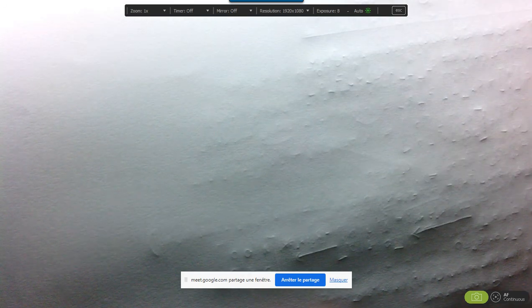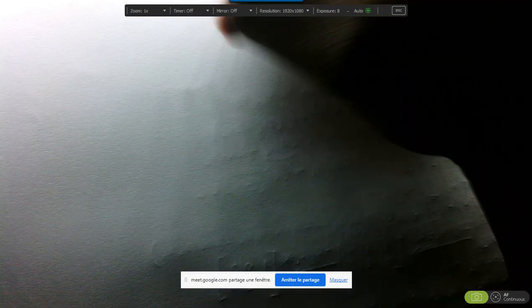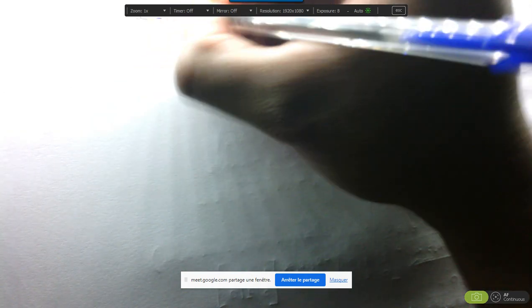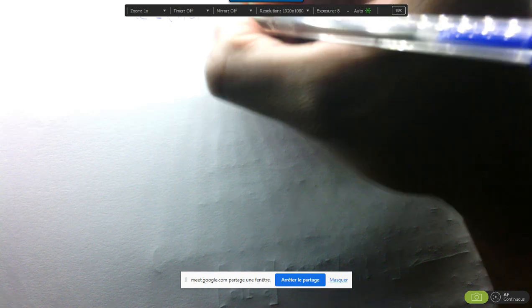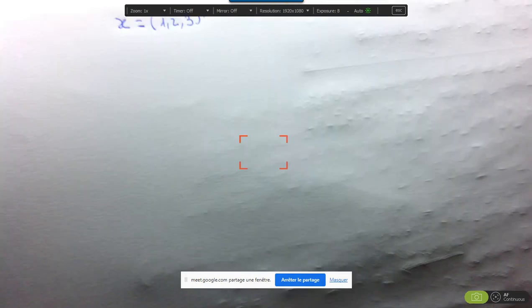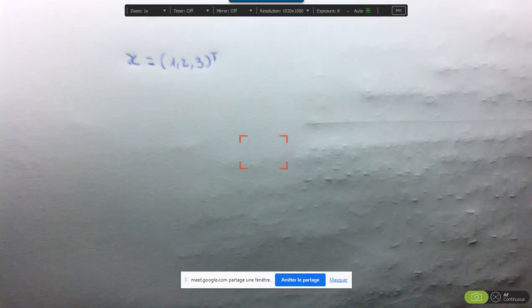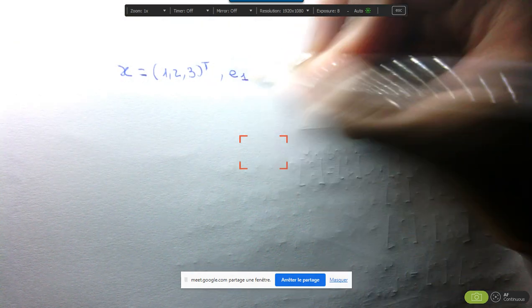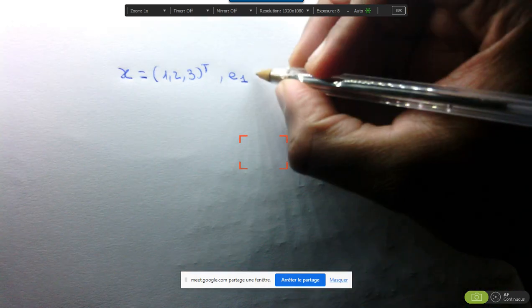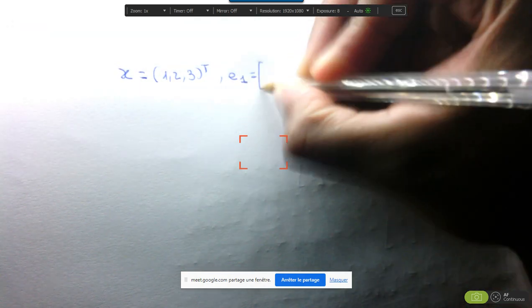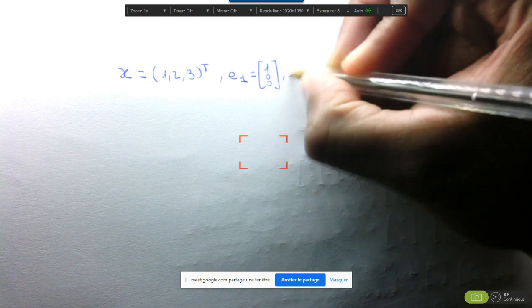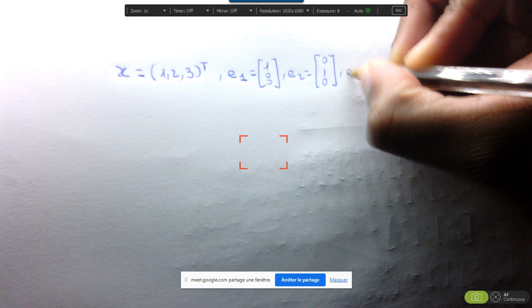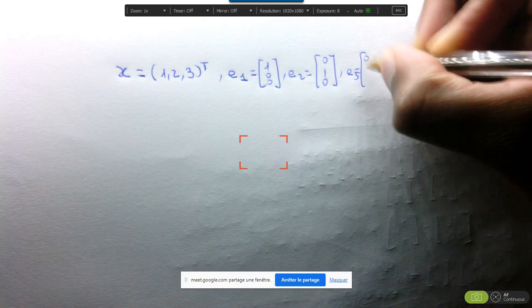Here we have x equals [1, 2, 3] transpose, and e1 is [1, 0, 0], e2 is [0, 1, 0], and e3 is [0, 0, 1].